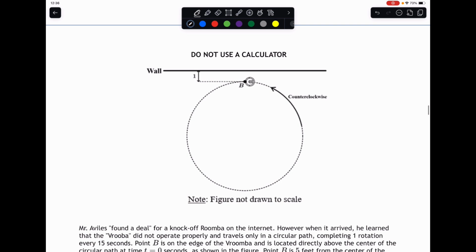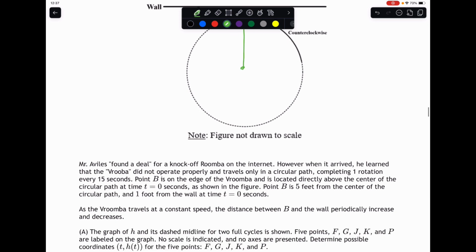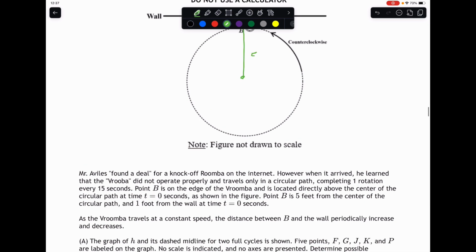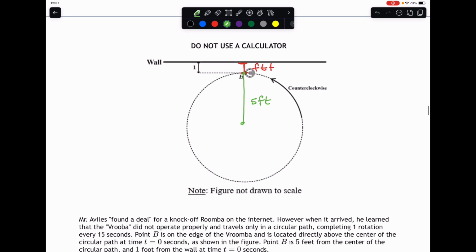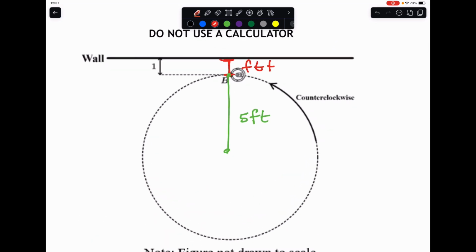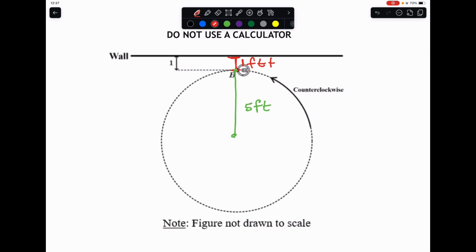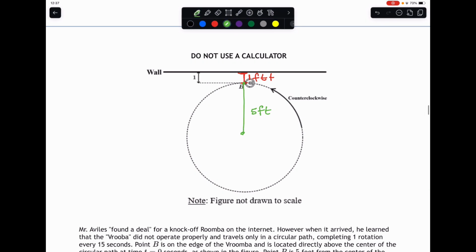So we know that this distance from here to here is going to be 1 foot, and the distance from that red dot to the center is going to be a total of 5 feet. So this is 1 foot, and I'm assuming that's around the center there, and that's a distance of 5 feet.